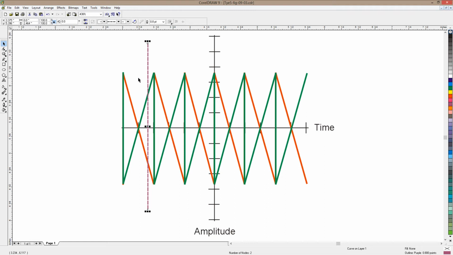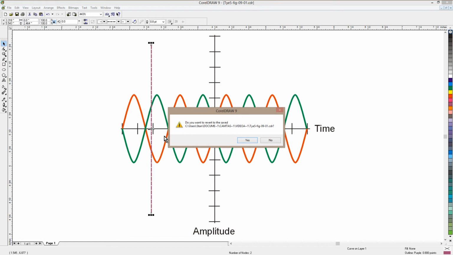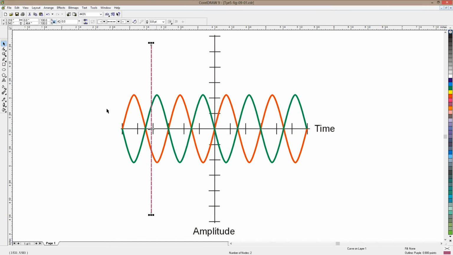They cancel completely. So phase opposition and 180 degree phase shift are not the same phenomenon with a sawtooth wave, but with a sine wave, they are the same.